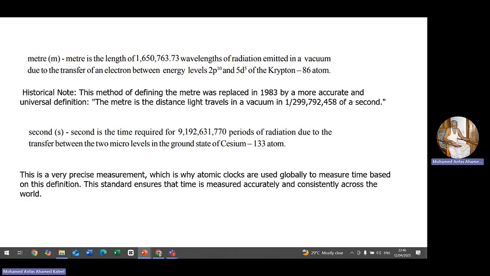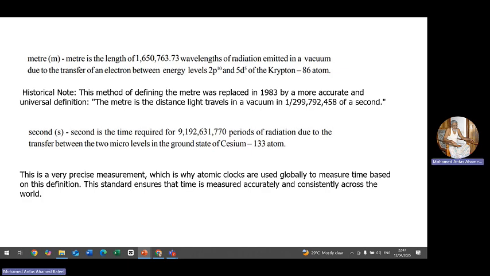In the krypton atom, if an electron transfers in a vacuum between the energy levels 2p10 and 5d5, the radiation has wavelengths, and 1,650,763.73 of those wavelengths make a length of 1 meter. That is the definition of the meter.